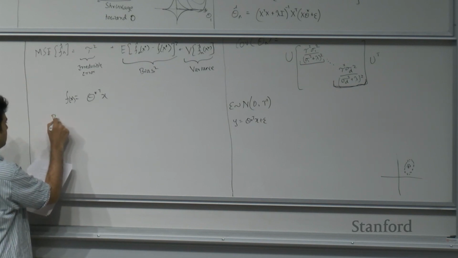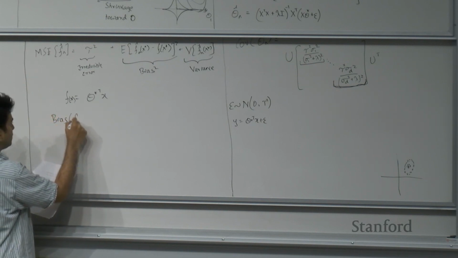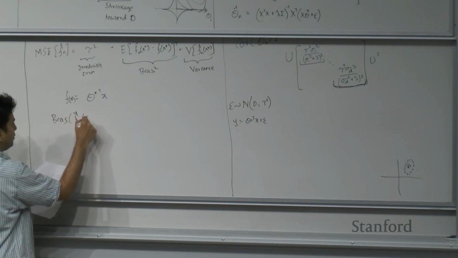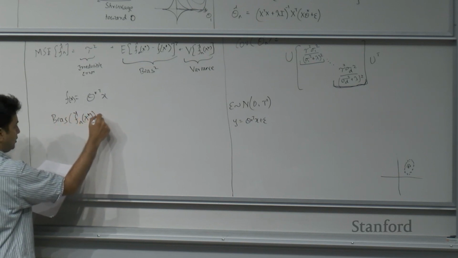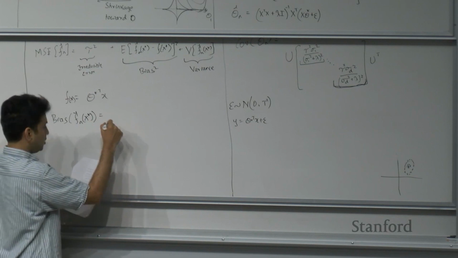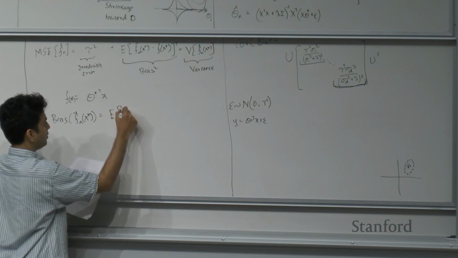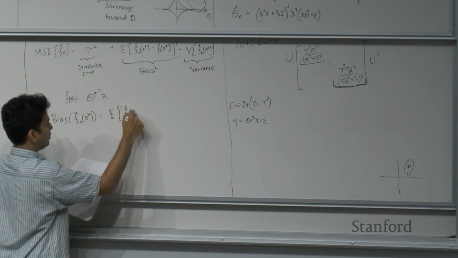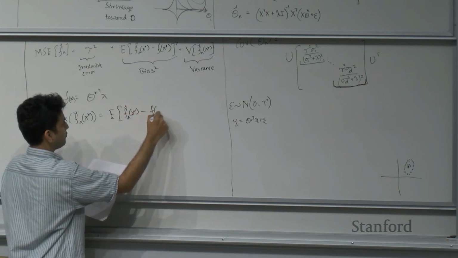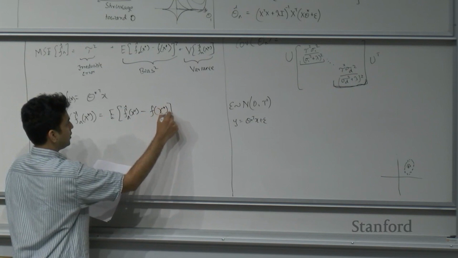The bias of f hat n of x star is equal to the expectation of f hat n of x star minus f of x star.